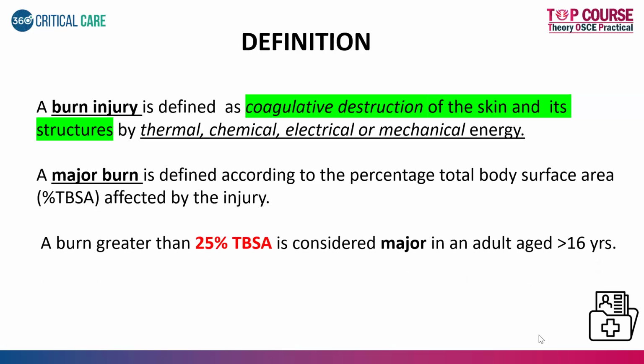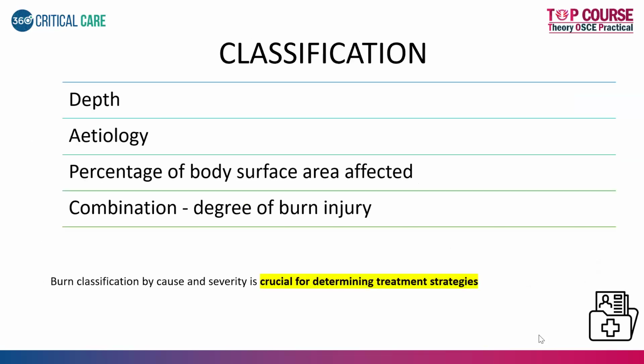Again, a lot of other factors come into the picture when we have to label a burn as major or minor. So coming to classification, how do we classify? Burns are usually classified based on depth, etiology, percentage of total surface area involved, or a combination of these. Why is it important? Because this will guide us in treatment and management.